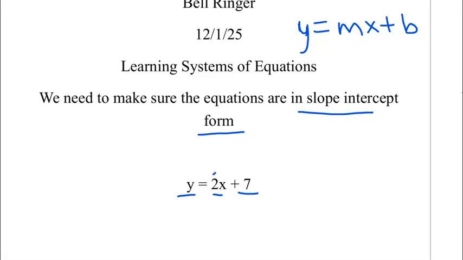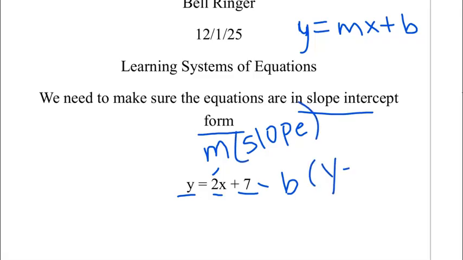So let's label this. This is your m, the slope. So you're going to write slope here. And this is the b, that's the y-intercept. So all your equations should look like that.